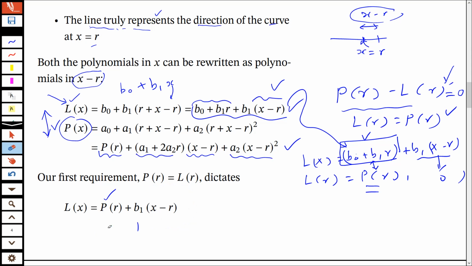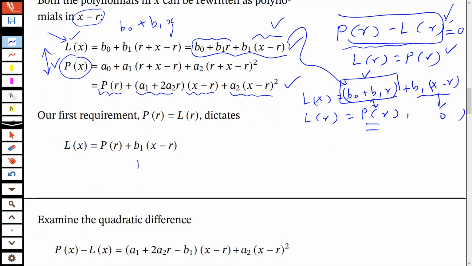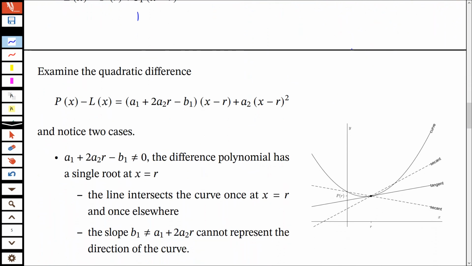So now remember this difference was required to be 0 at X is equal to R, but I want to analyze this difference in the vicinity of R. Not just at X is equal to R, but near X is equal to R, which means that we need to examine this quadratic difference, the difference between the given function, which is a polynomial in this case, and the linear function which we are searching for.